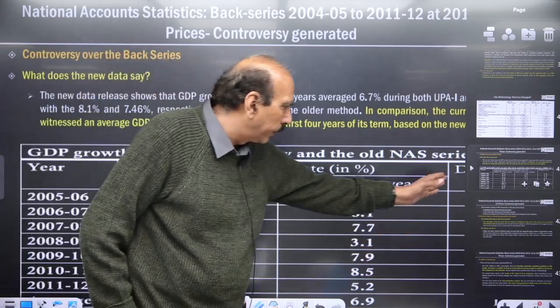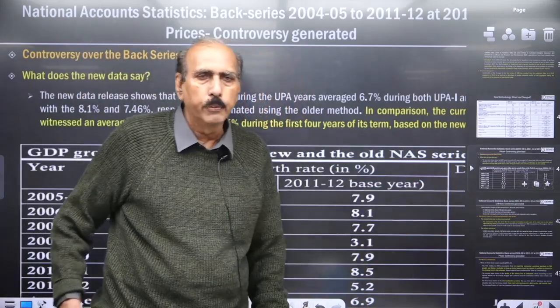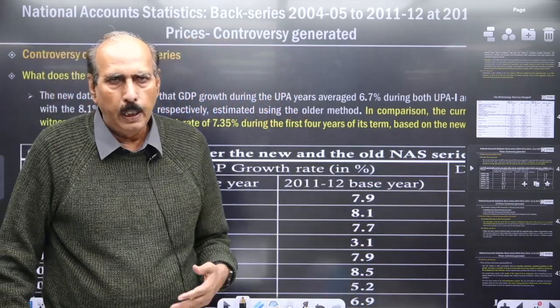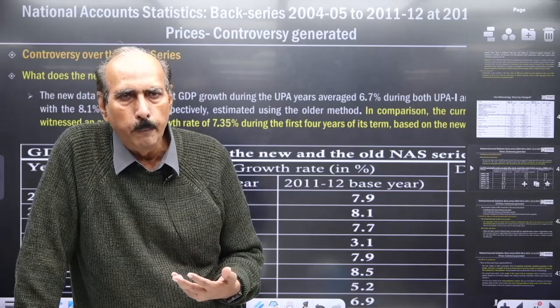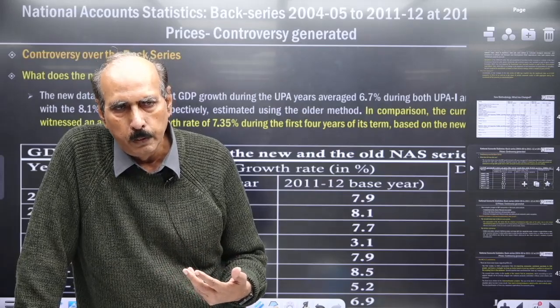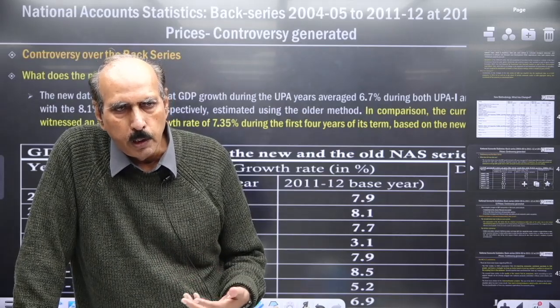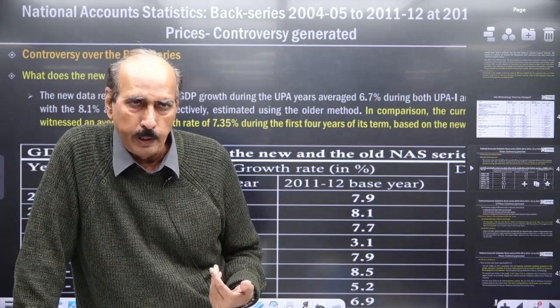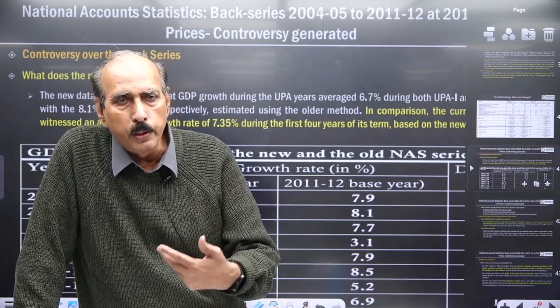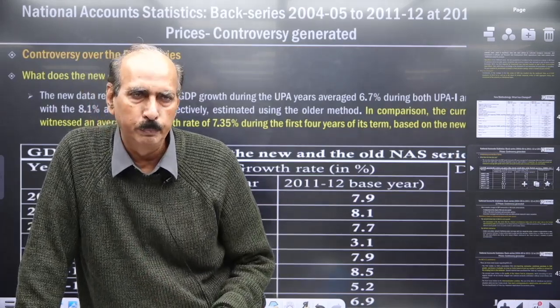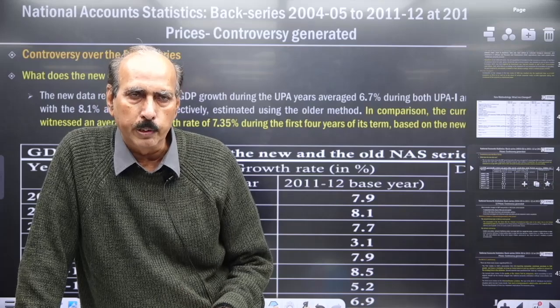And this is the difference. The last column gives the difference. Application of the new methodology has led to the downward revision of earlier growth rates and upward revision of the subsequent rate of growth.